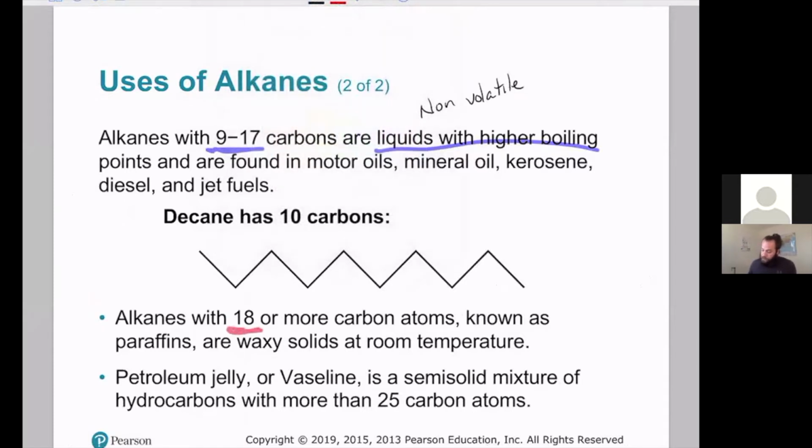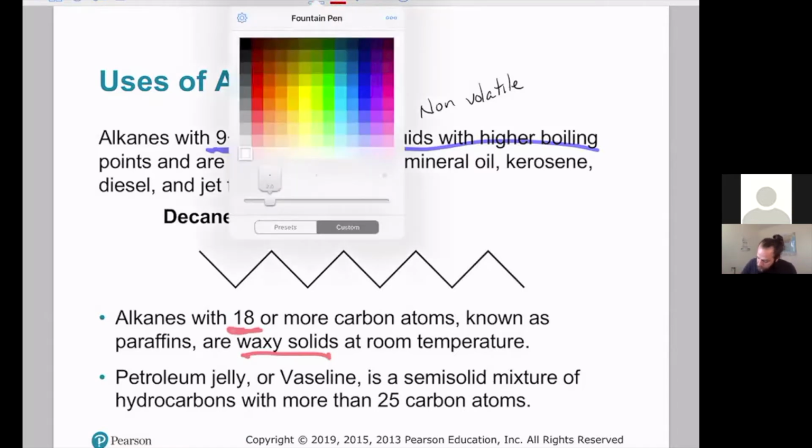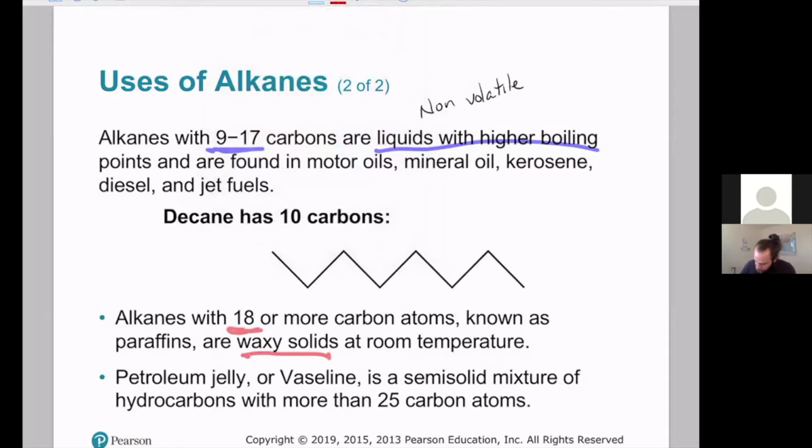If you get even bigger than 16 or 17 carbons, now you get into solids, okay? So these would be waxy solids at room temperature. You can think of something like candle wax as being composed of a really, really long carbon chain, right? So if this is decane here, all with 10 carbons, let's just draw an 18 carbon chain so you can see.